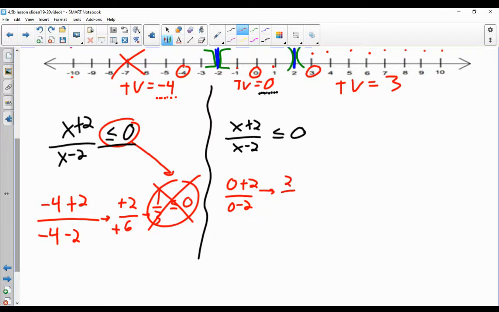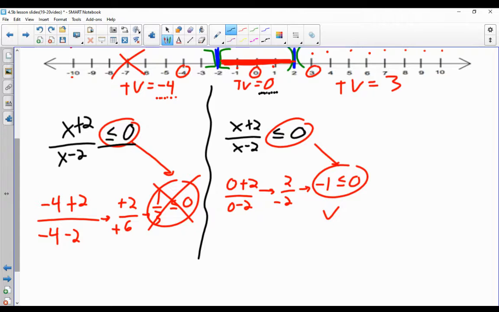So I'll get 2 on top, -2 on bottom, and that simplifies down to -1. And is -1 less than or equal to 0? Negative is less than 0, so that's a true statement. So the second interval is part of our answer, so we're going to shade it. All right, one more interval to try out.